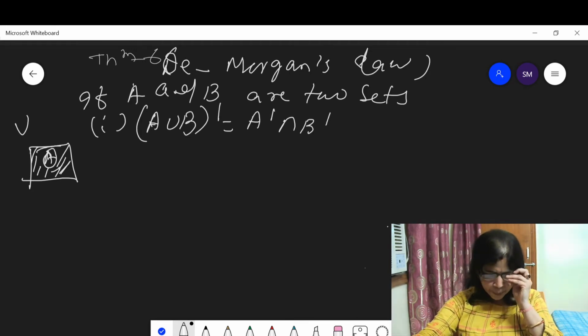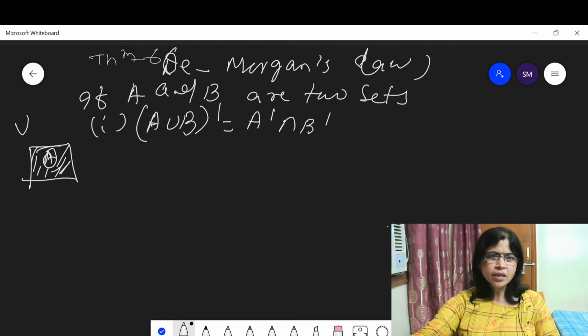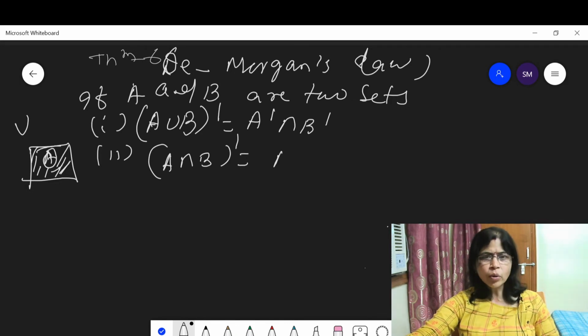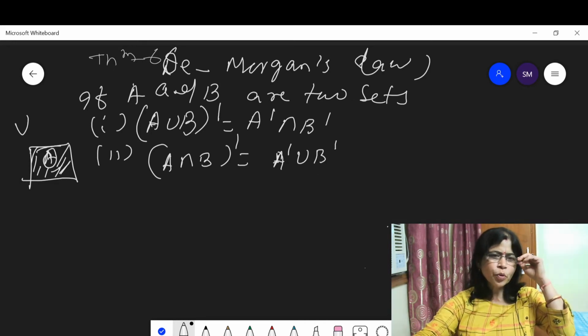Then the second part says that (A intersection B) dash is equal to A dash union B dash. Now let us prove.